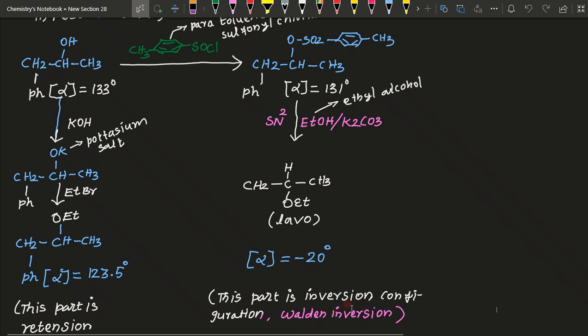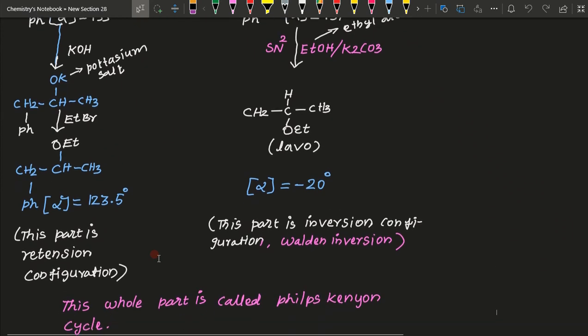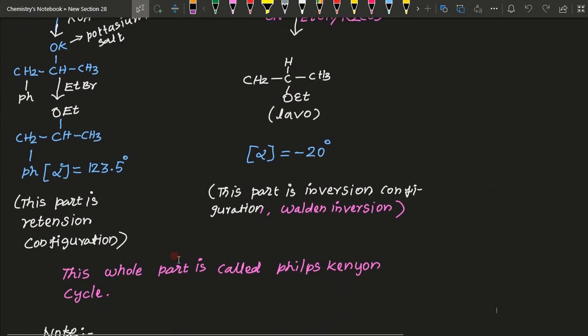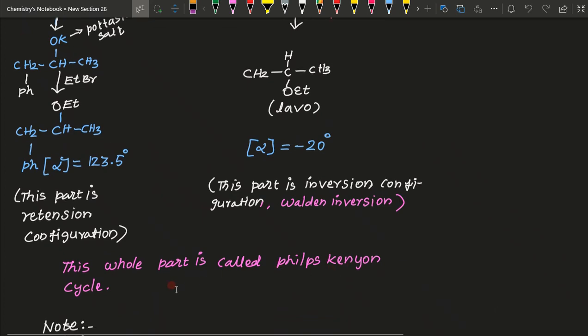This part is the inversion of configuration, or Walden inversion. This part is the retention part. Please, if you don't understand, watch this video again. This whole part is called the Phillips-Kenyon cycle.